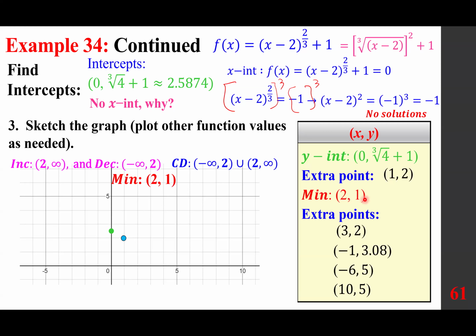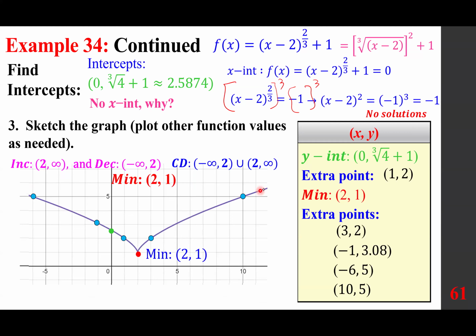This one is the minimum, (2, 1). Then (3, 2). -1, 3.08. -6, 5. 10, 5.